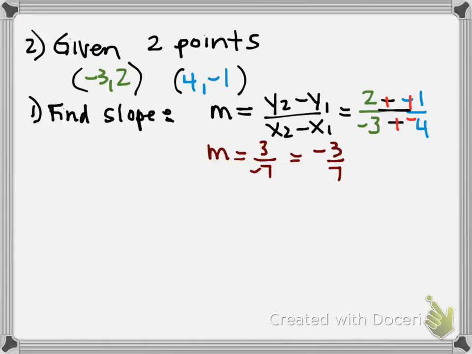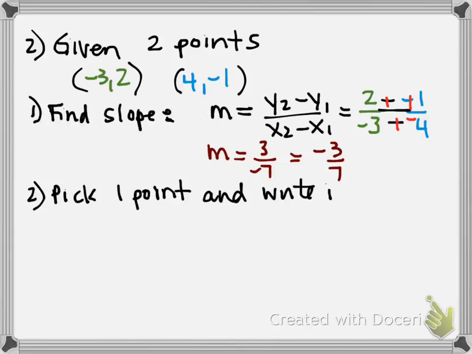Okay? Now, point slope form has a point and a slope. We got the slope. And then it says point, but we have points. So here comes choice. Second step is to pick one point and write in, and I'm going to abbreviate point slope form as P-S form.